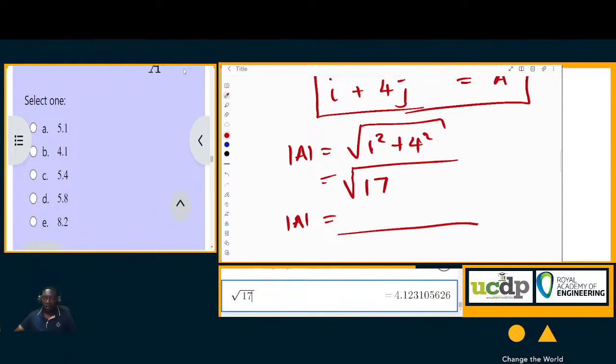According to my calculator, this is 4.12. Okay, yes, very good. Someone just typed 4.12. That's correct. So this 4.12 is one of our answers here.